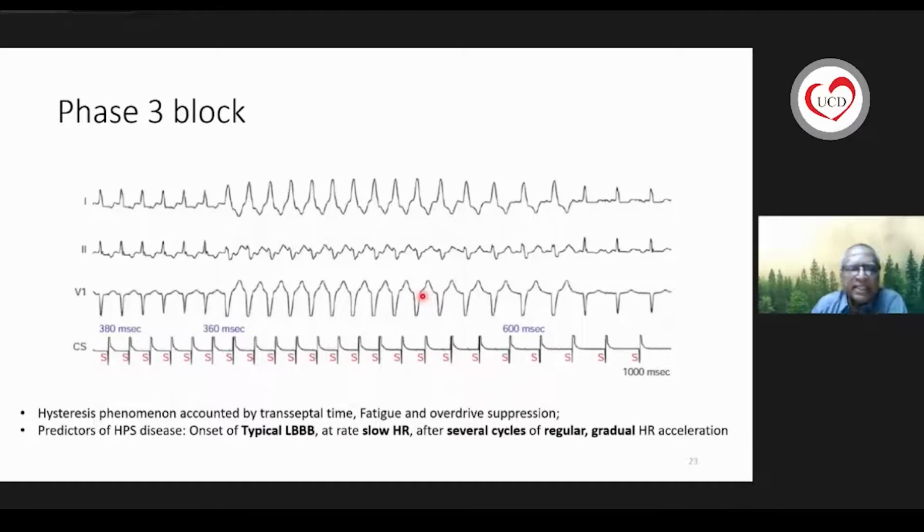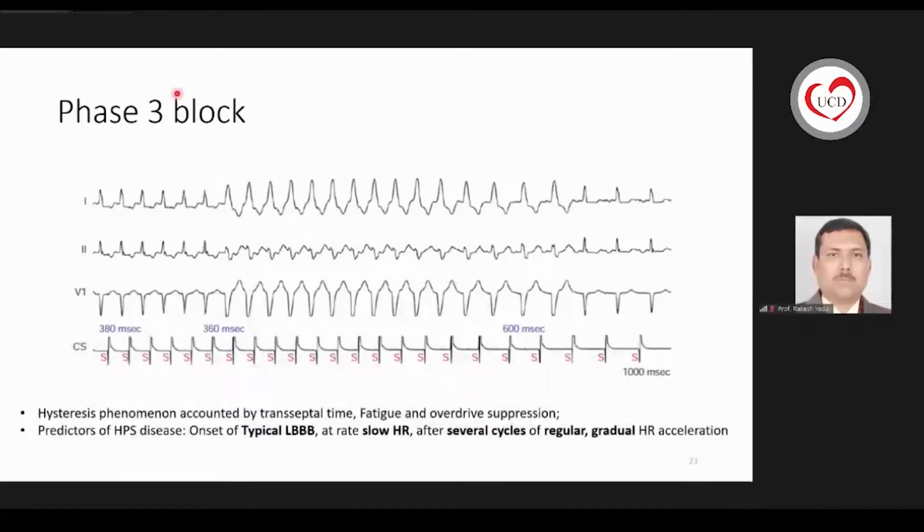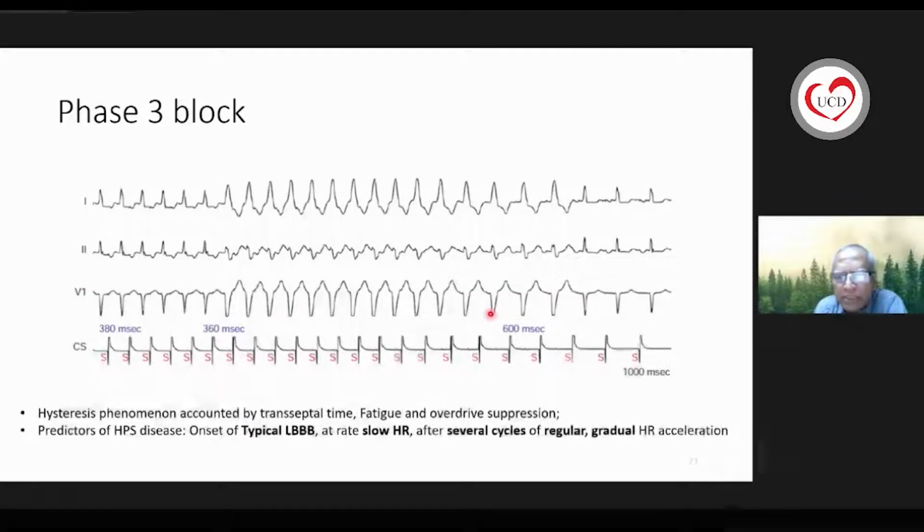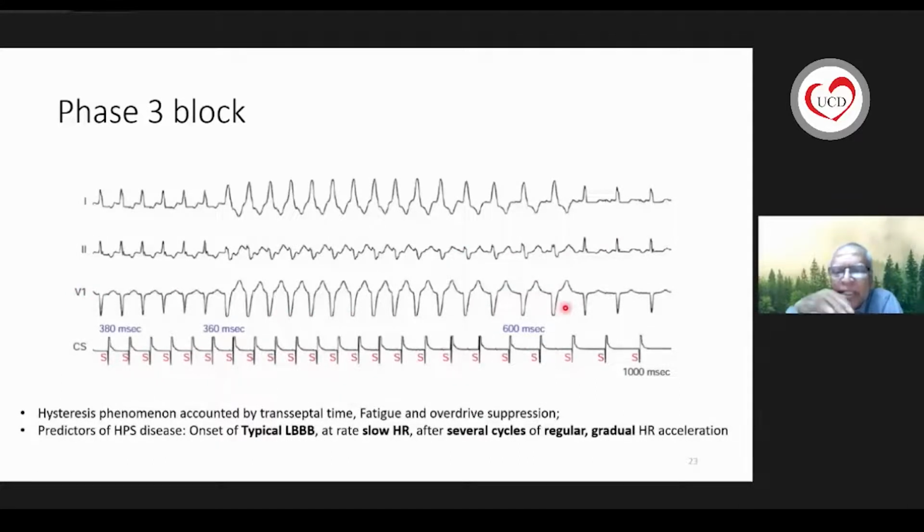Now, again, it makes a lot of difference to understand whether this bundle branch block is rate related. And physiologically, all of us know with a transition from a particular heart rate to a faster rate, the bundle branches can physiologically block. If it is right bundle in the long term, it doesn't seem to have much of a prognostic implication. But patients with a left bundle branch block, which develops during tachycardia, can develop a syndrome similar to angina.